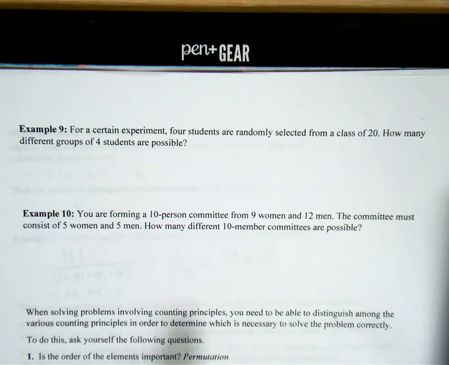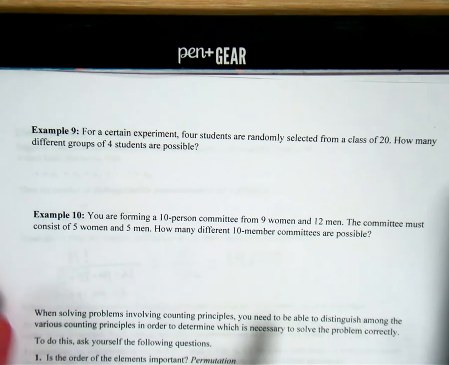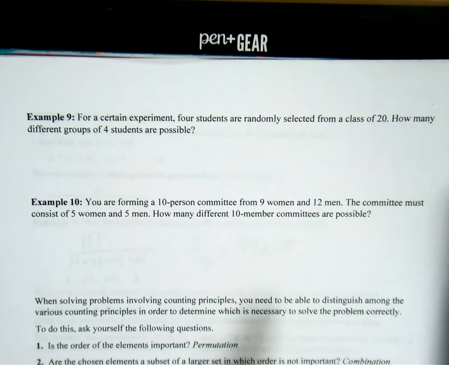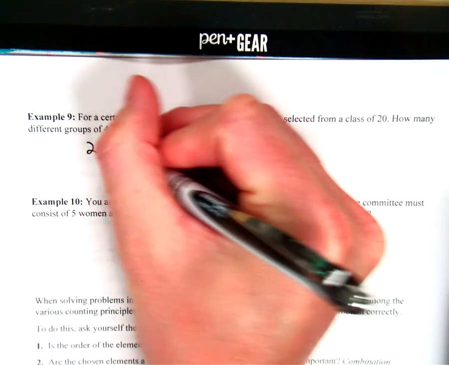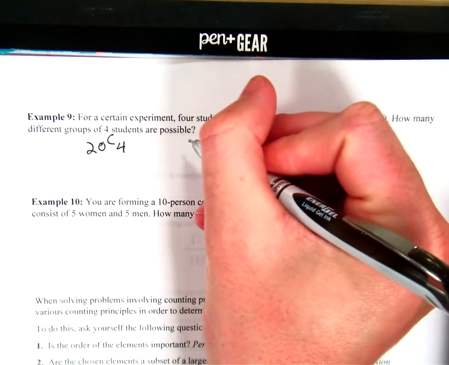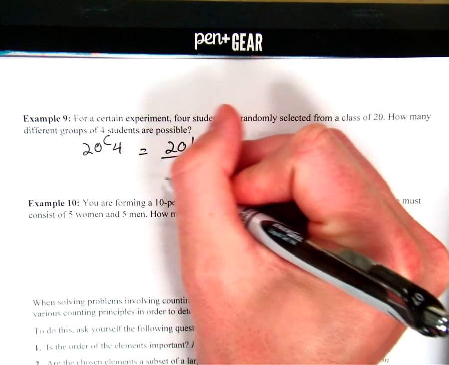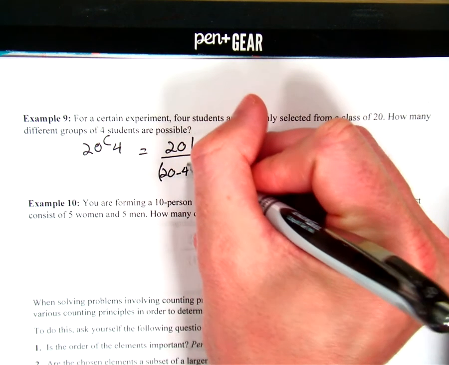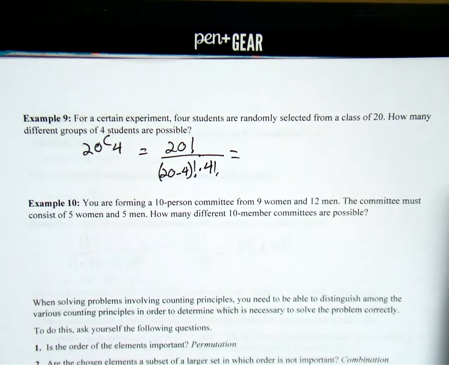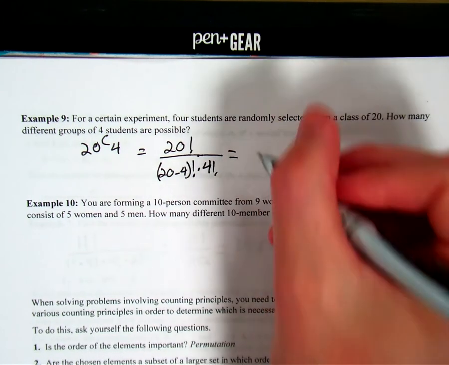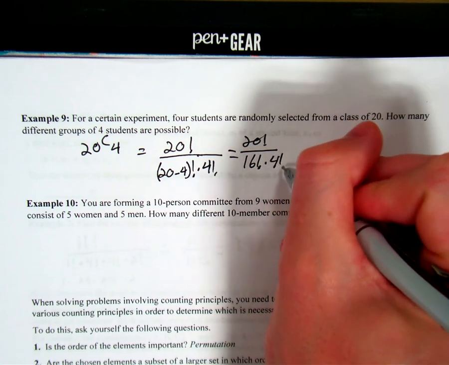For a certain experiment, 4 students are randomly selected from a class of 20. How many different groups of 4 are possible? So we had 20 students, taking 4 at a time. We'll have 20 factorial over 16 factorial times 4 factorial.